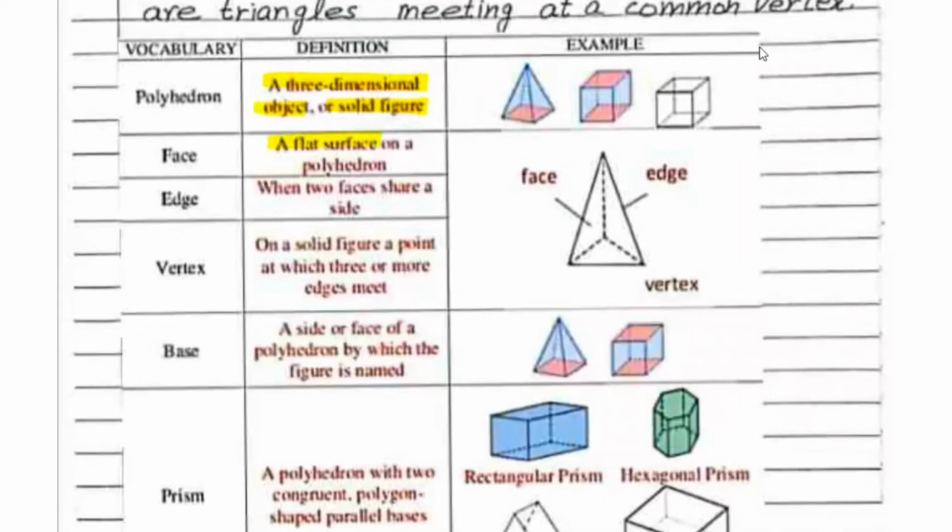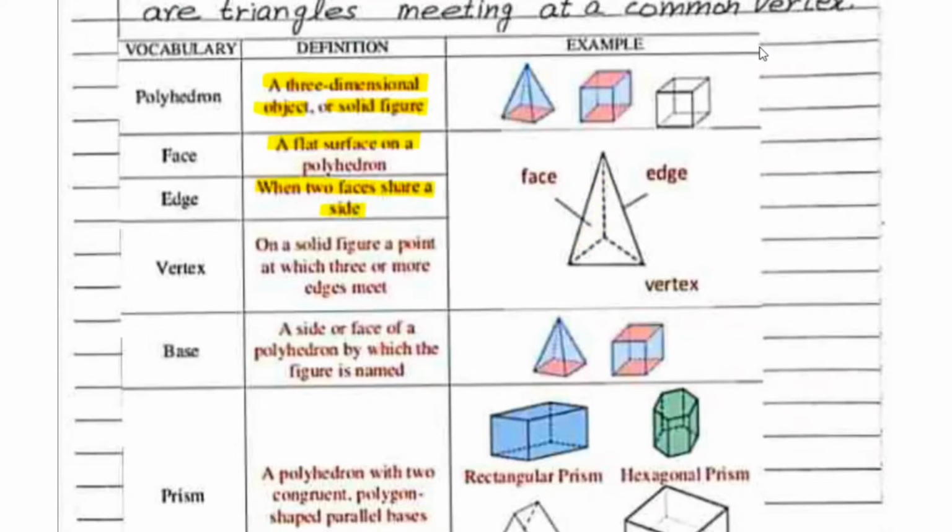A flat surface on a polyhedron. You can see in the diagram, this triangular flat surface is called a face, right? Is it clear? Now, next is edge. When two faces share a side.